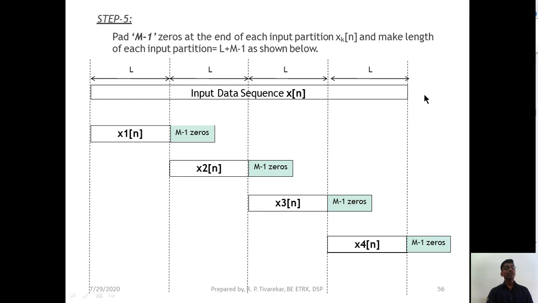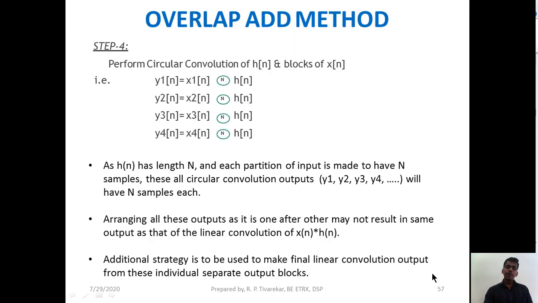If there are any more samples, we'll have more sequences. After doing that, we'll perform individual circular convolution of those sequences with the impulse response to get outputs of length N samples. Again, these outputs need to be arranged in such a way that the result looks like a linear convolution result.